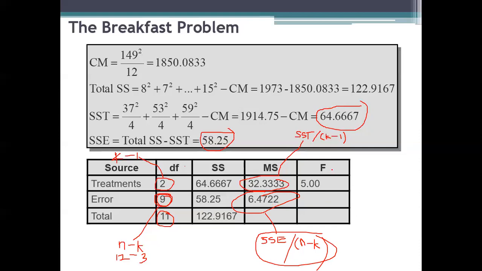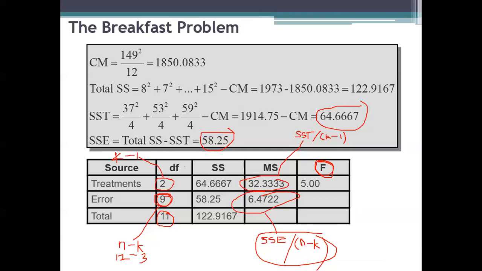And now the last one, the test statistic of F. So this is the important part when we want to get the value of F. So how to get F?